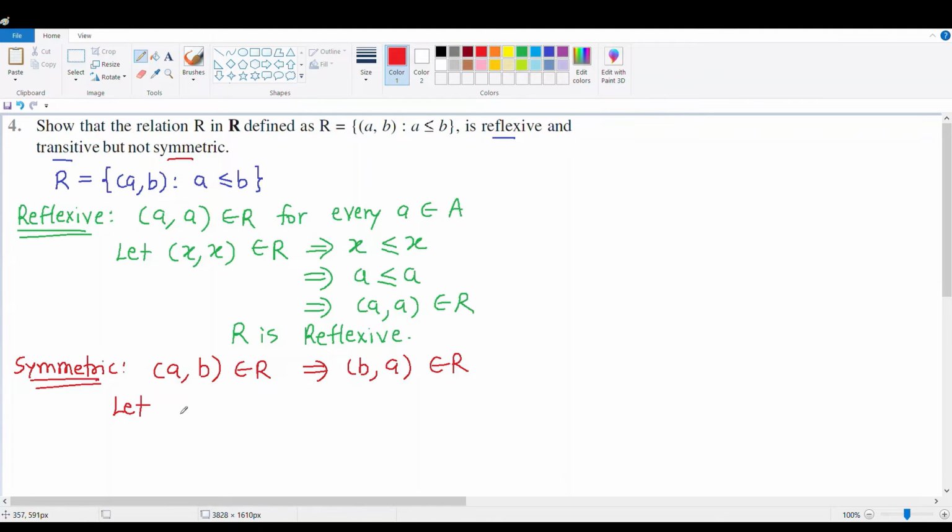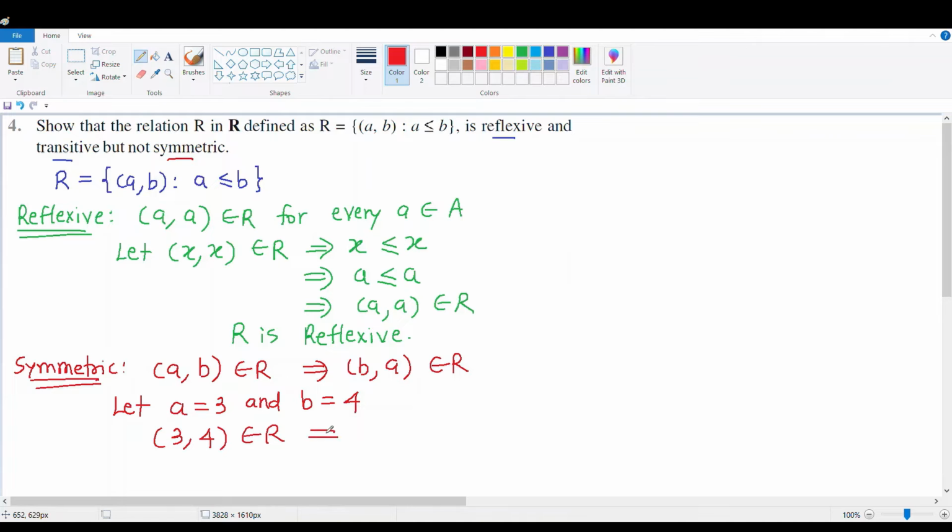So let a equal 3 and b equal 4. That means we are saying that (3, 4) belongs to R. Is that correct? That 3 is less than or equal to 4? Of course, 3 is less than 4. So yes, that is true.